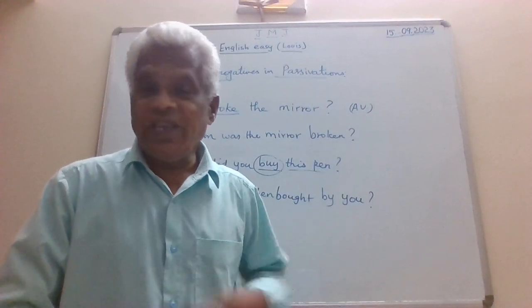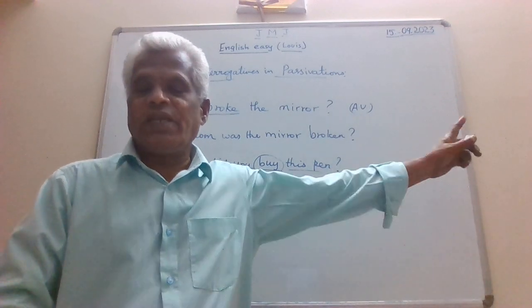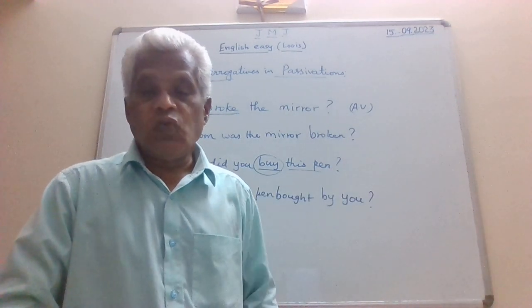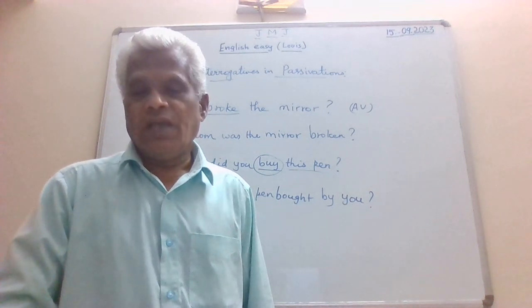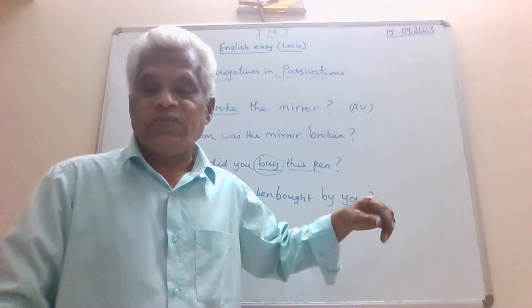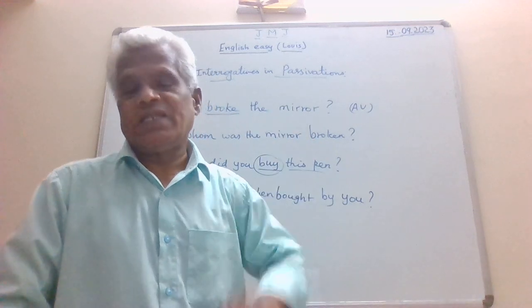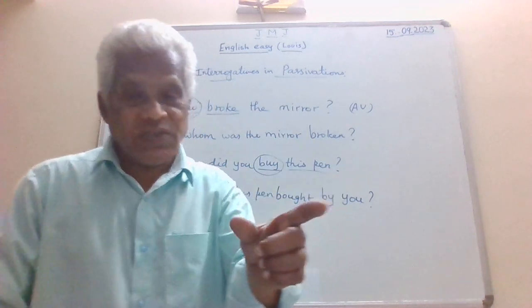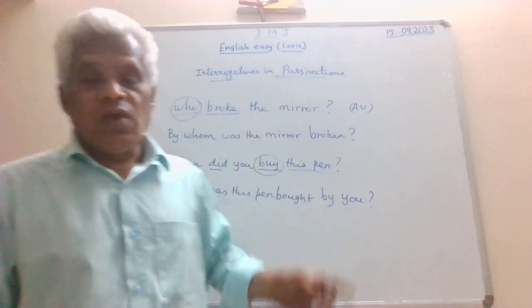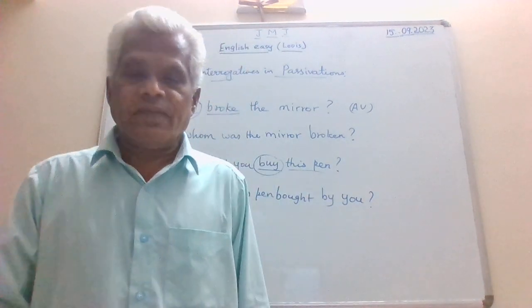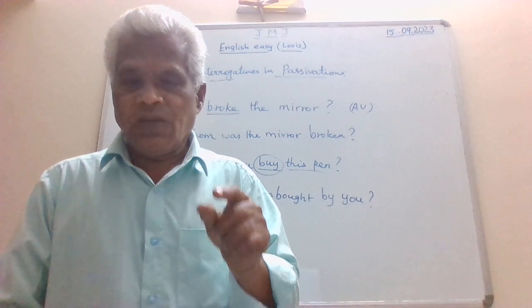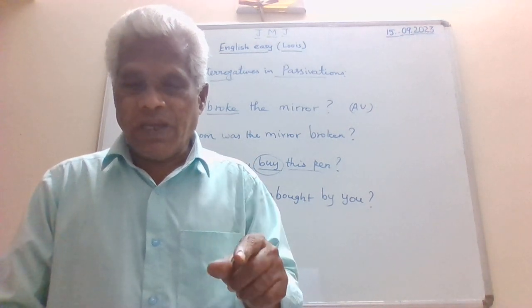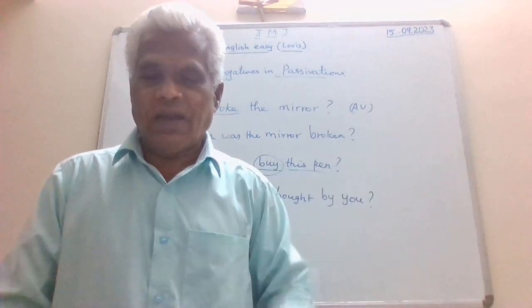Who is breaking the mirror? Who was breaking the mirror? Who will have broken the mirror? And all the tenses will have its passivation depending upon the tense. Now what is the passivation for the sentence, who will break the mirror? By whom will the mirror be broken?